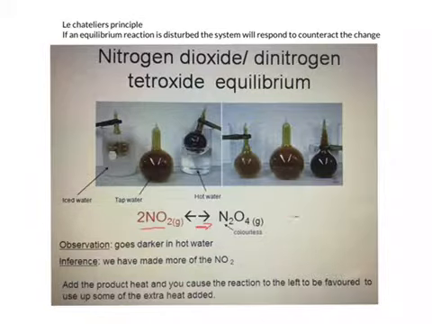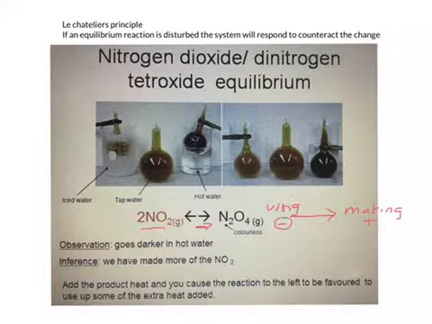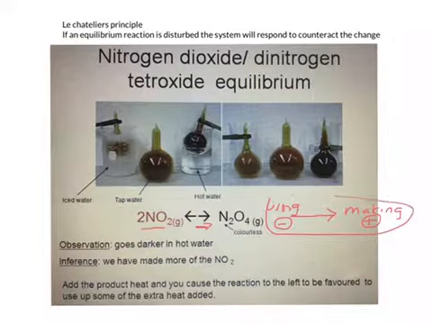Also, it's worth remembering that when you draw an arrow like that, it means you are making the stuff on this side, so there's more of that, and you are using the stuff on this side of the arrow, meaning there's less of it. Now that might seem obvious, but it tends to get a little confused in these explanations.